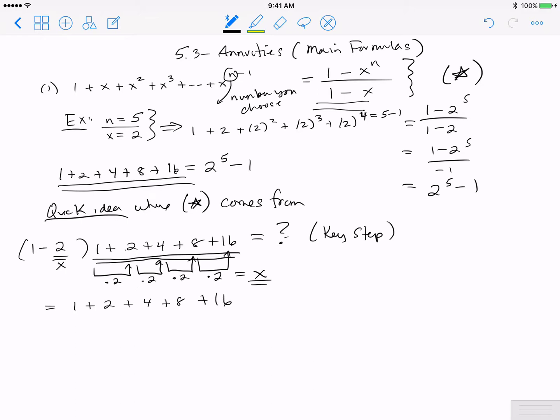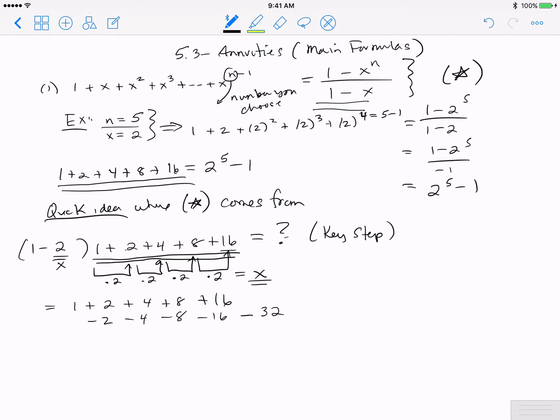And then multiply negative 2 all the way through: negative 2 times 1 is negative 2, negative 2 times 2 is negative 4, negative 2 times 4 is negative 8, negative 2 times 8 is negative 16, and negative 2 times 16 is negative 32.